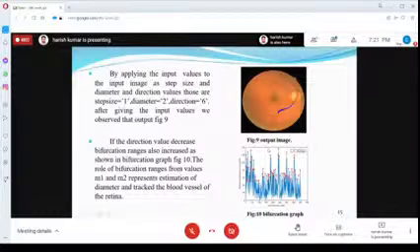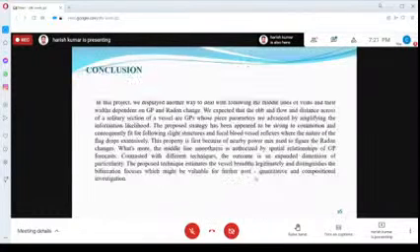By using this blood vessel tracking, we are going to determine the eye vessel diameter of a human. This eye vessel diameter is going to be compared with the retinopathy disease eye. When we compare those two values, if the value is nearly equal to this value, we can say the human eye is suffering with retinopathy disease.